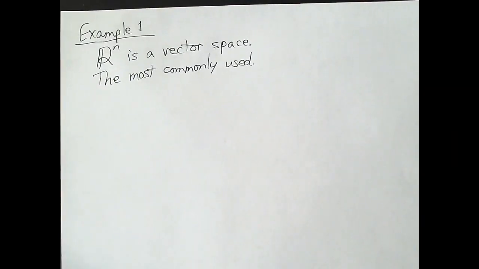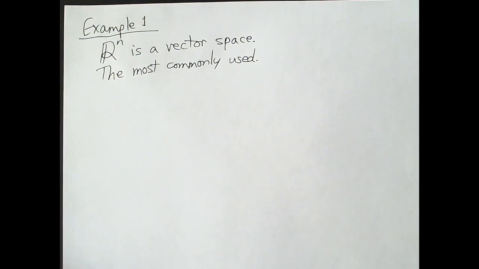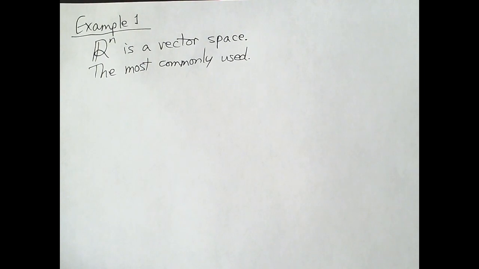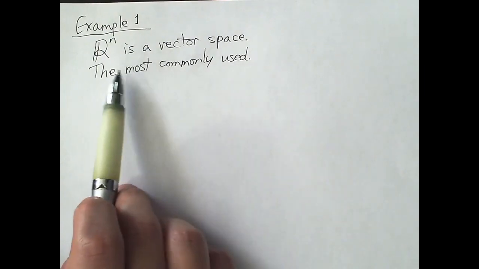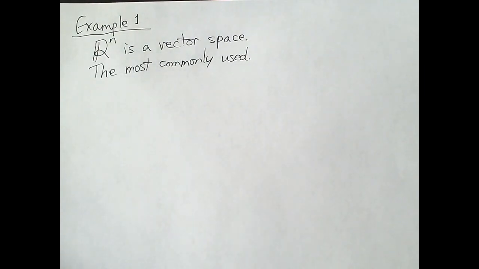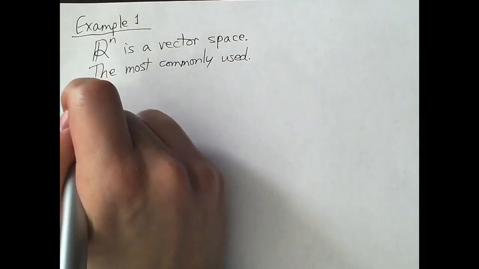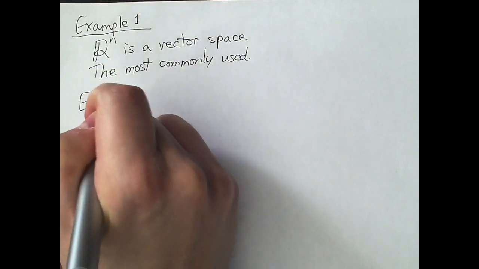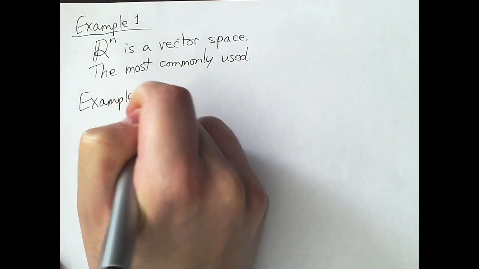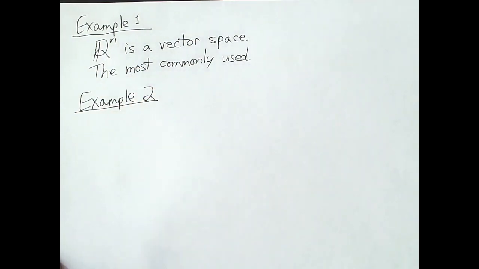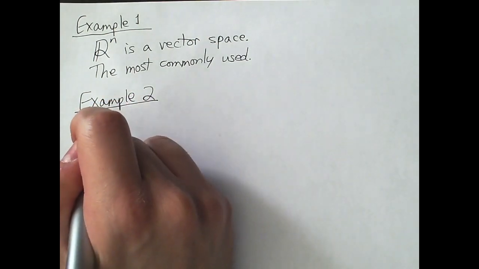So in a way, the other examples that I'm about to show you of vector spaces, they're going to look pretty different, but they share some of the same kind of structure as Rn because they have all 10 of those properties, and those were properties that we usually associate with Rn. So example 1 was that. Example 2 of a vector space. It's going to seem a little different, but I want to show you one that's a little different.